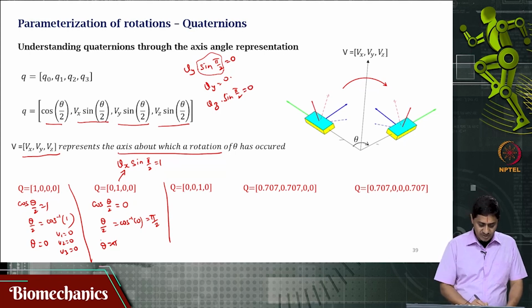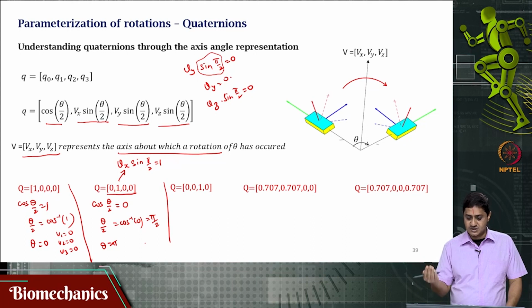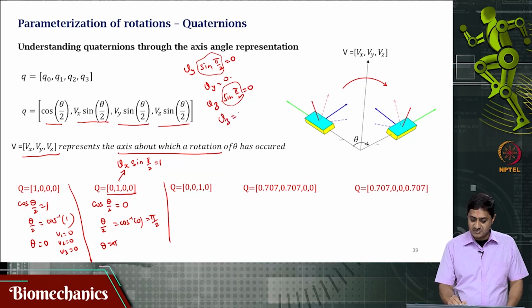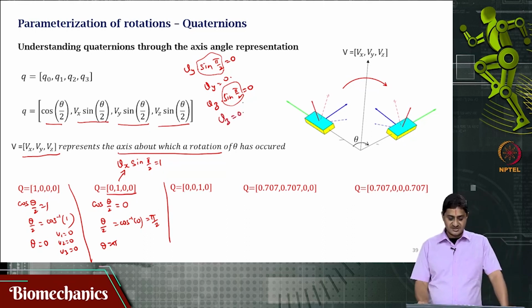How do I know? Because 0 1 0 0 is the quaternion, and the third and fourth components are zeros. So, Vz sin pi by 2 is 0, but sin pi by 2 itself is 1, which means Vz must be 0.